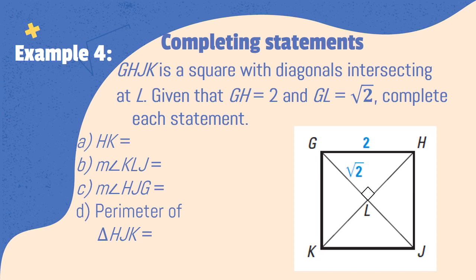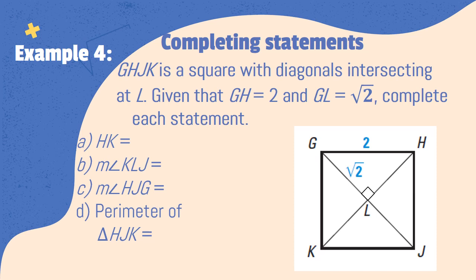I know that a square is a parallelogram, and I also know that a square is a rectangle. Let's keep this in mind. When we have a parallelogram, we know that the diagonals bisect each other. The diagonals here are GJ and KH. Also, since a square is a rectangle, I know that the diagonals are congruent, which is one of the properties that we have in a rectangle.